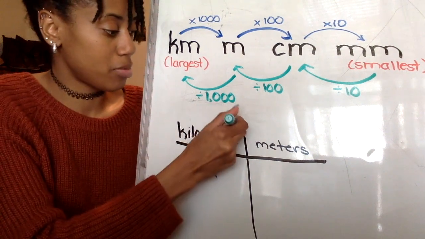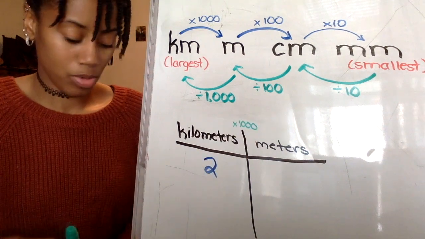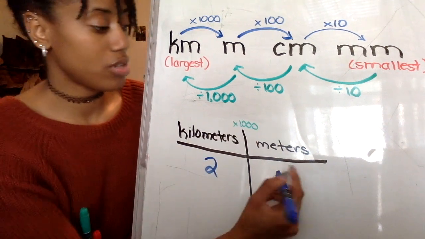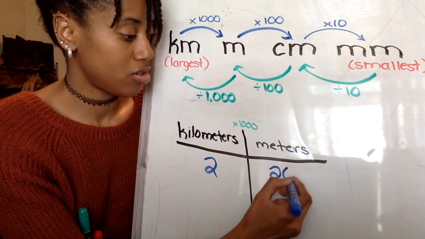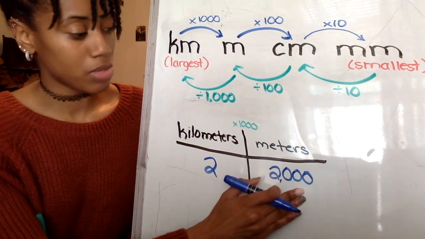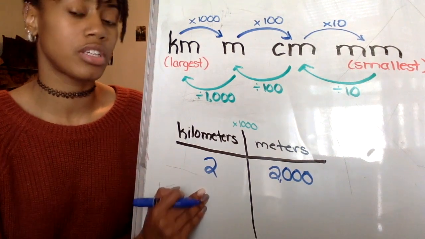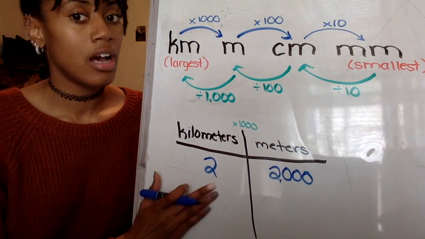So 2 times 1,000 gives us 2,000. Therefore, there are 2,000 meters in 2 kilometers.